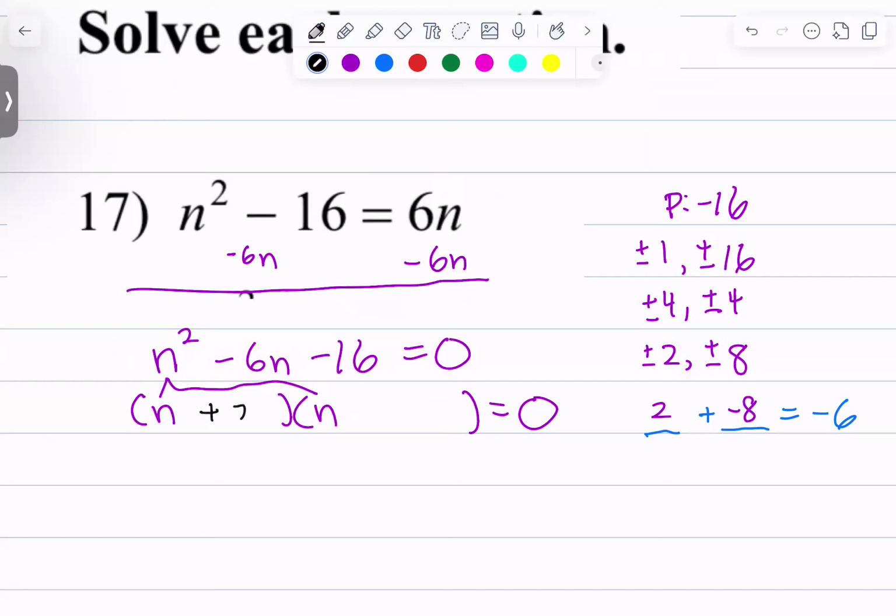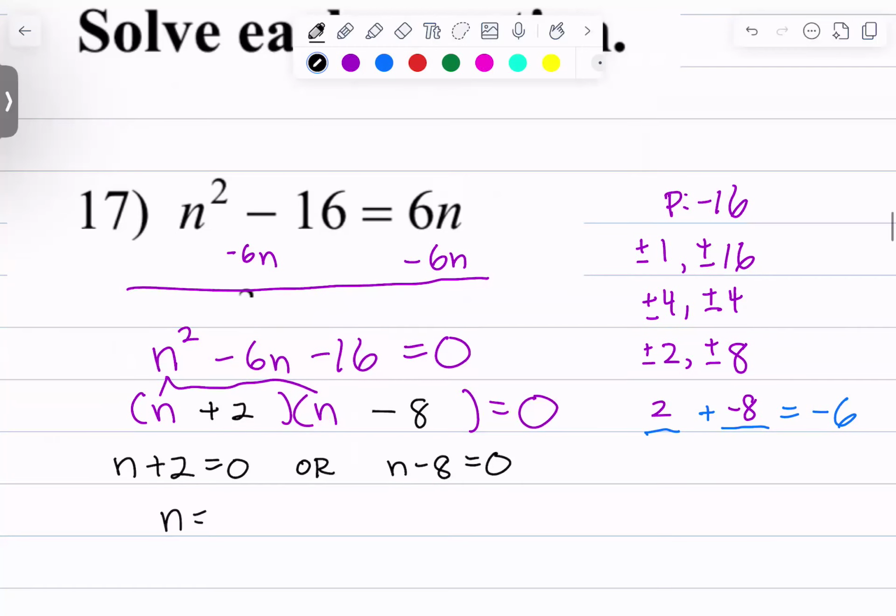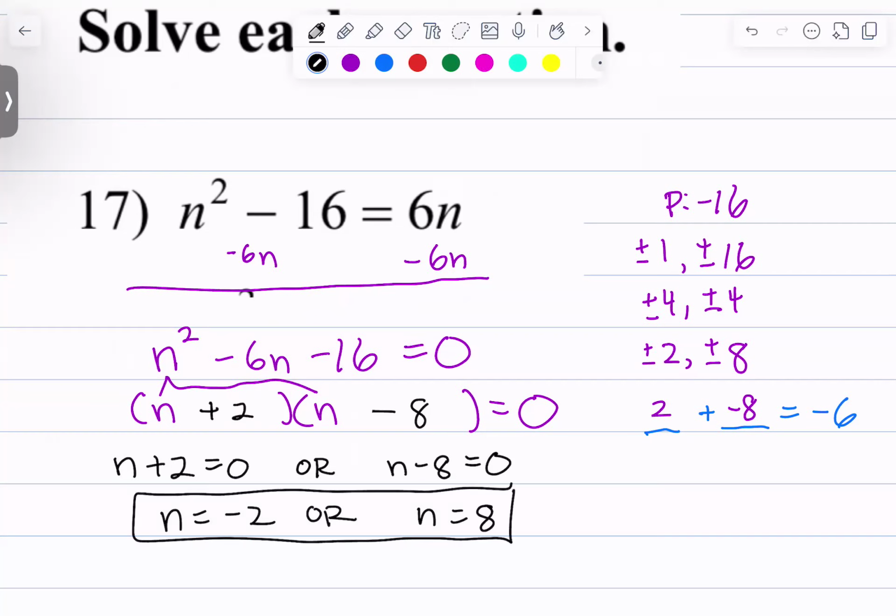So plus 2 minus 8. So n plus 2 equals 0, or n minus 8 equals 0. So n equals negative 2, or n equals positive 8. And that's when we're solving for n.